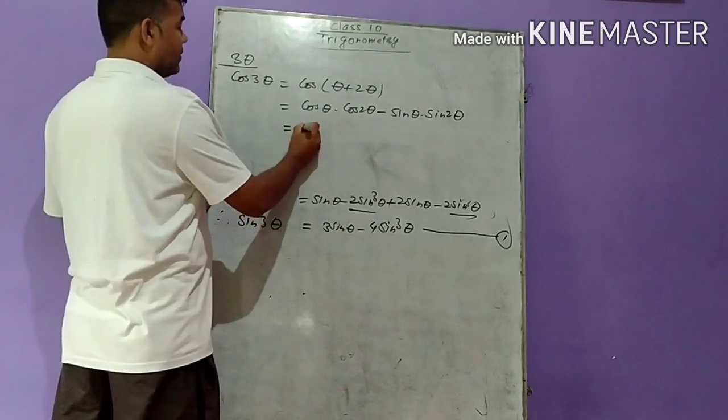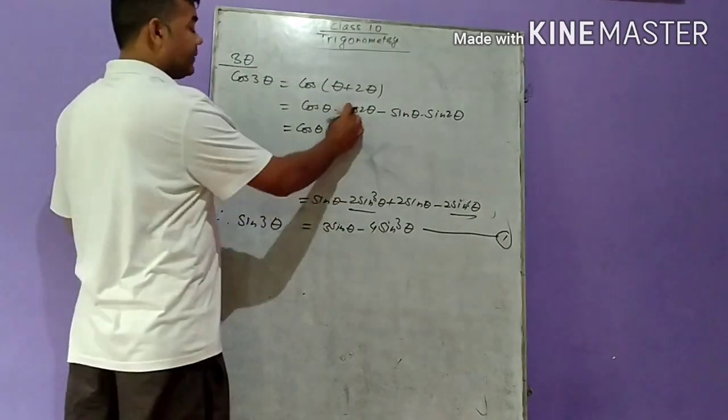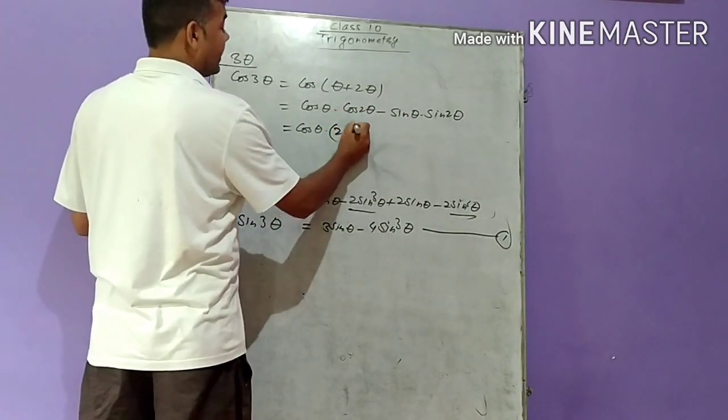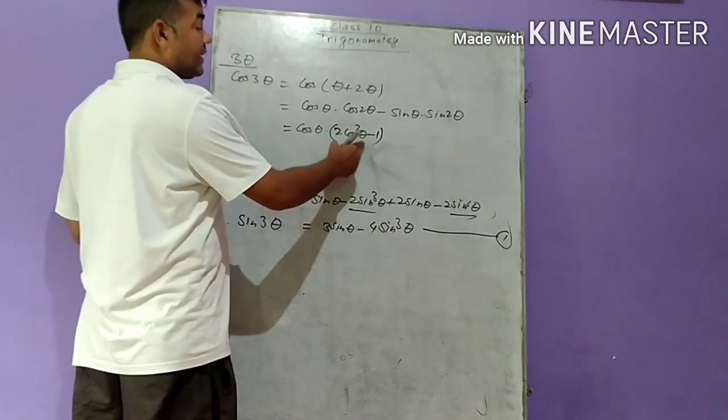Now cos theta into cos 2 theta, and we know that cos 2 theta means 2 cos square theta minus 1. How is it 2 cos square theta minus 1?